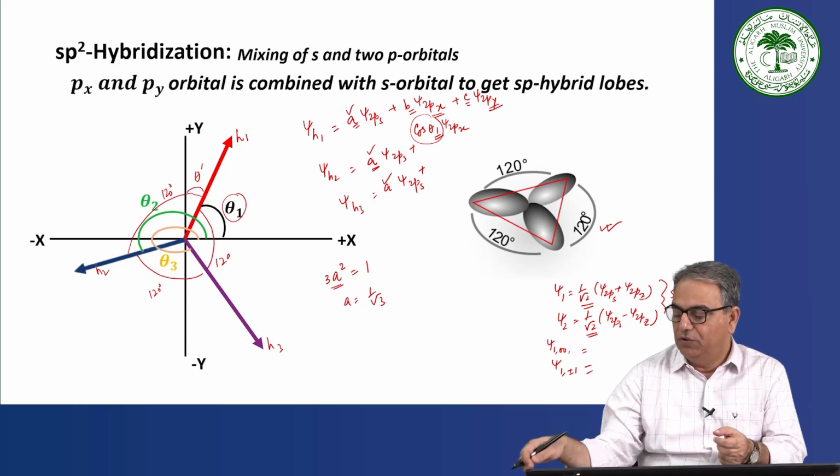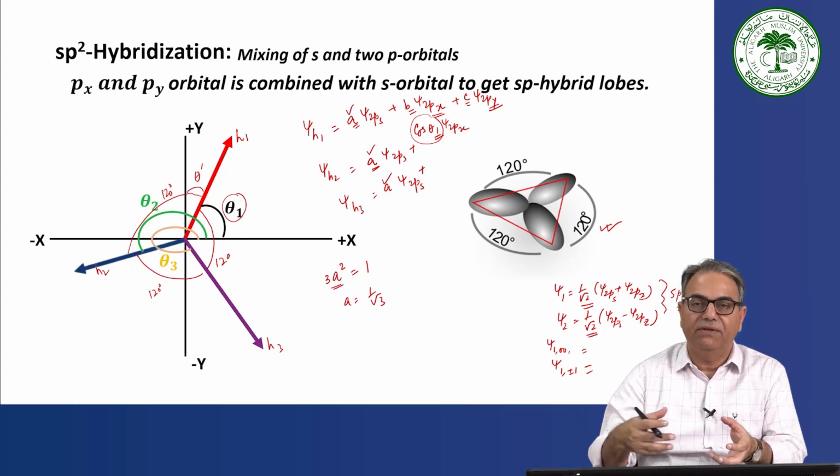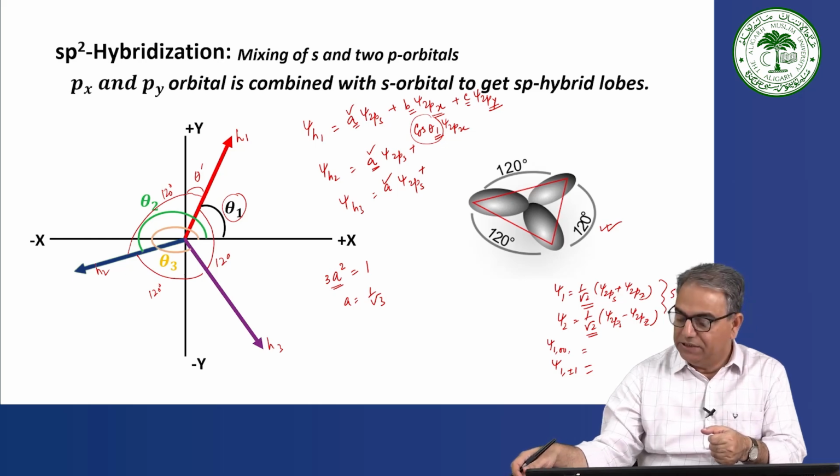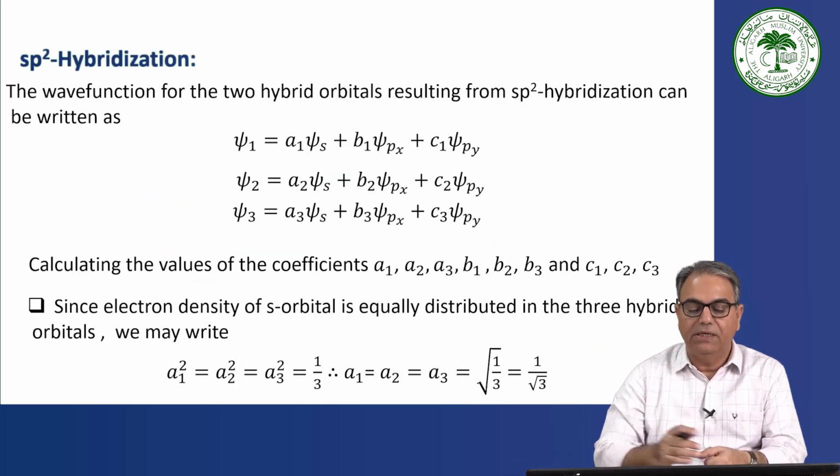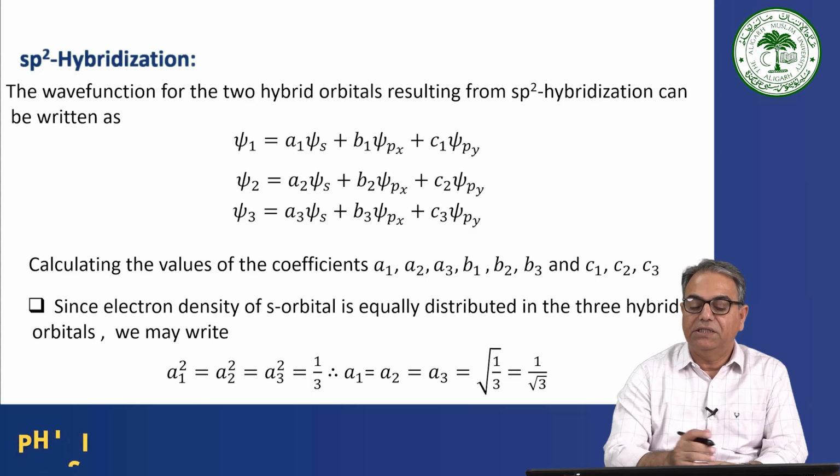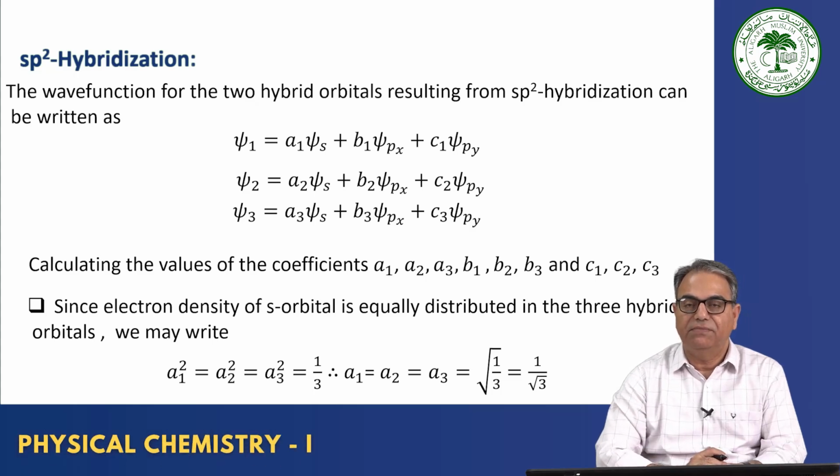We will use the traditional method, and we will first write the wave functions for different sp2 hybrid lobes. And these sp2 hybrid lobes we can represent as psi 1 as a1 psi s plus b1 psi px plus c1 psi py. Then psi 2 will be a2 psi s, b2 psi px and c2 psi py.